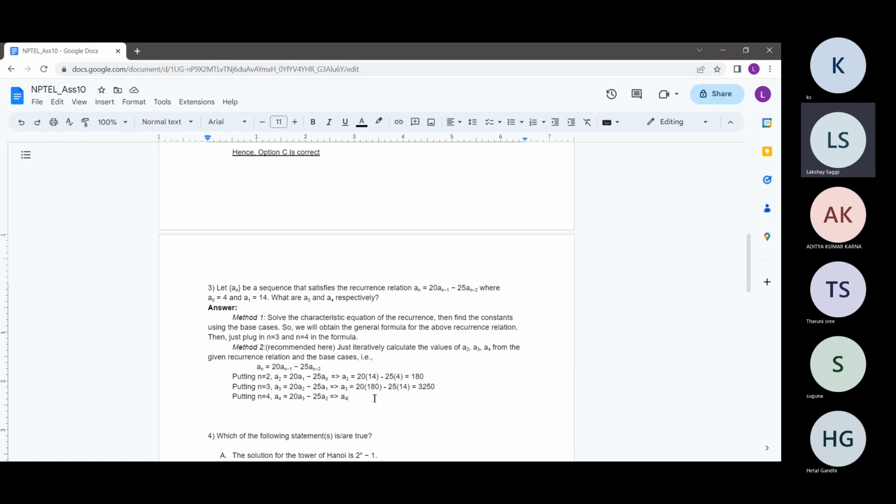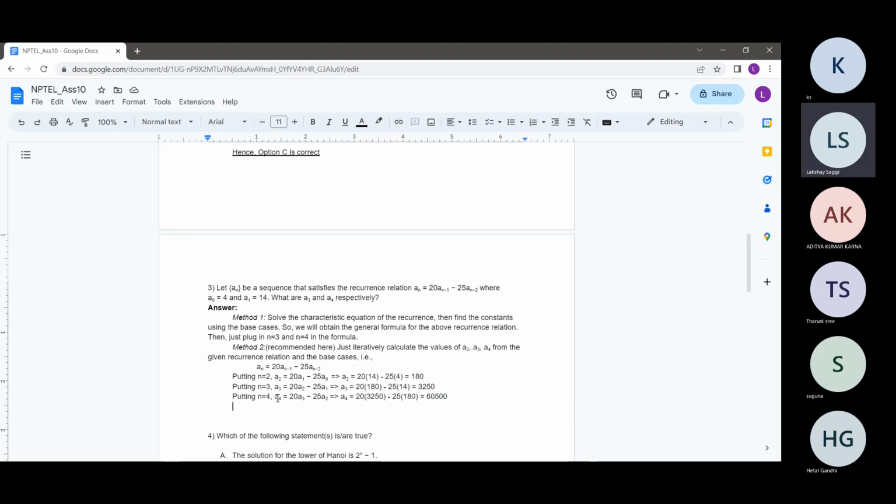So for A4, I'll plug in these values: 20 times A3, and A3 is 3250, and now I'll subtract 25 times A2, and the value of A2 was 180. I'm not doing this calculation, you can check it afterwards, it will come out to 60,500 or something.